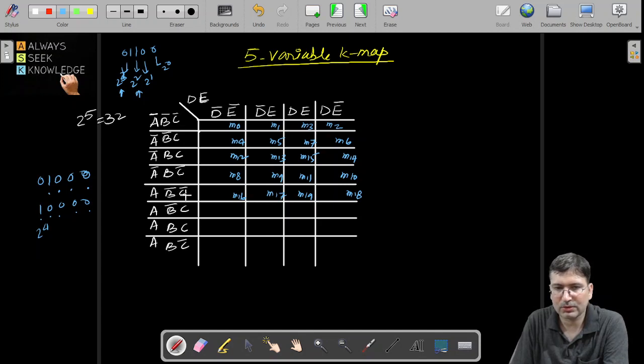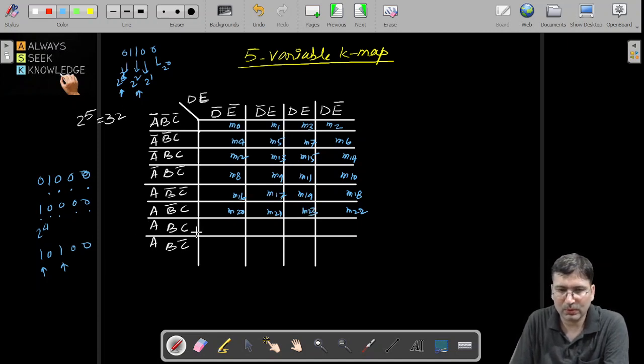It is 1 0 0 1 1, so 16 plus 3 will be 19, right? Now if you look here, this is 1 0 1 0 0. So this is 16, and this is 4. 16 plus 4 is 20, right? So this is M20, this is M21, M22, and M23, right?